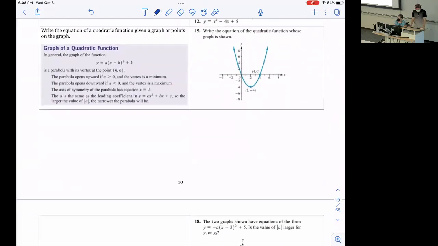This next one is write the equation of a quadratic function given a graph or points on the graph. Like the beginning, there is a little section here that we can use to help us if we need to study this in the future and we don't have any questions now, but we find one later. It's using your book, because all these are in your book.